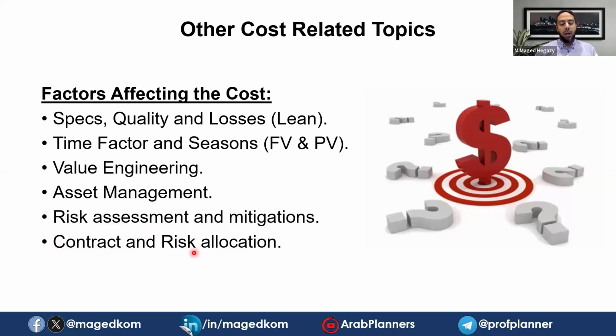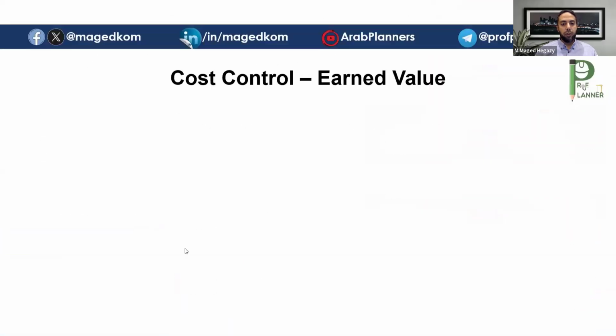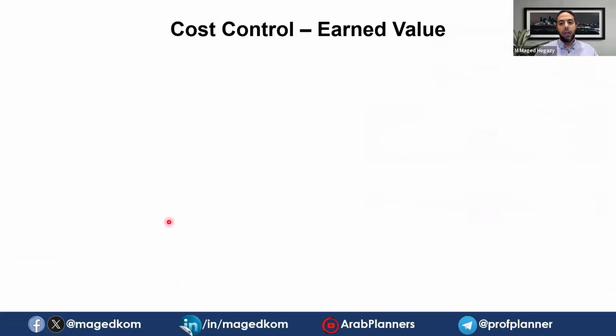What is the risk allocation and how to calculate the risks and add them to your cost. So now we discussed the estimation, and we discussed how the other disciplines affect the course. All of these things will be covered in detail with examples during the course.